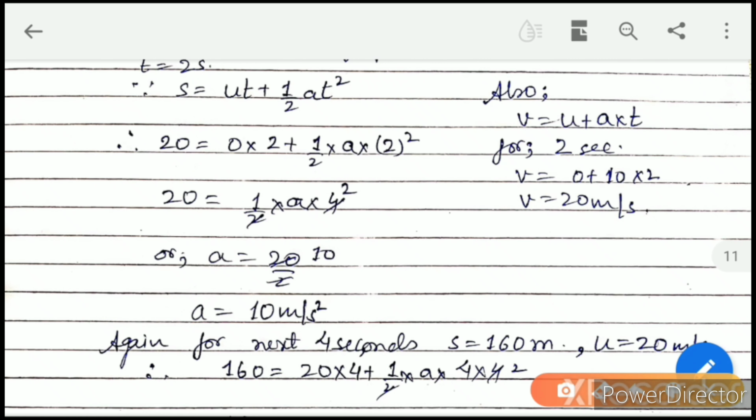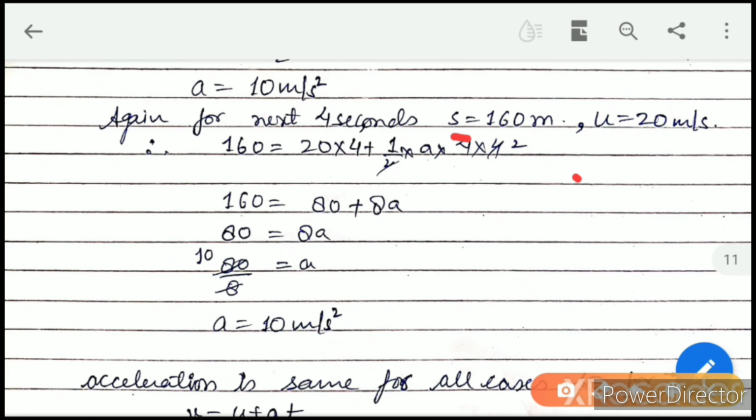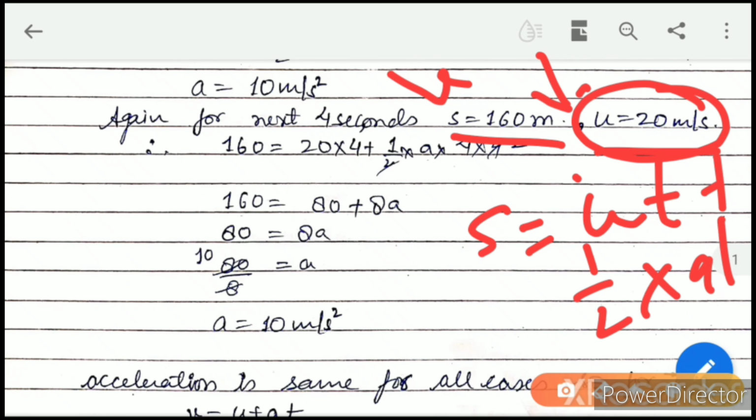Now again for next 4 seconds, s is equal to 160, u is equal to 20 meter per second, as we have calculated that final velocity for the first case will become initial velocity for the second case. Now substitute the value, s is equal to ut plus half at square in this equation. Substitute all the values. We find a is equal to 10 meter per second square. That is, acceleration is same in both the cases.